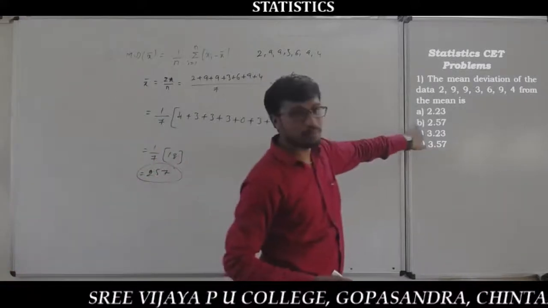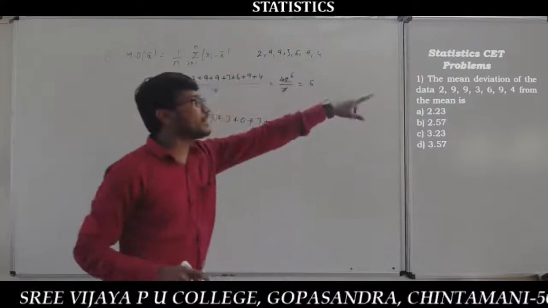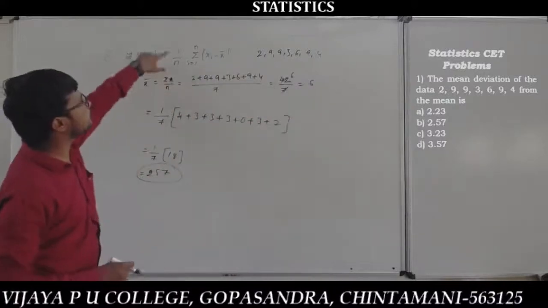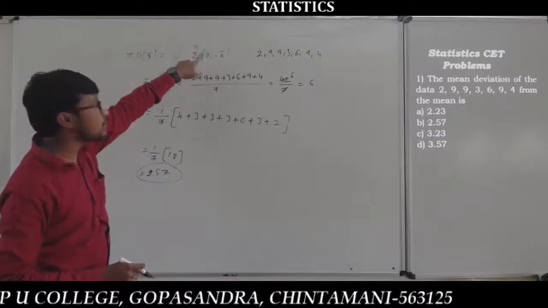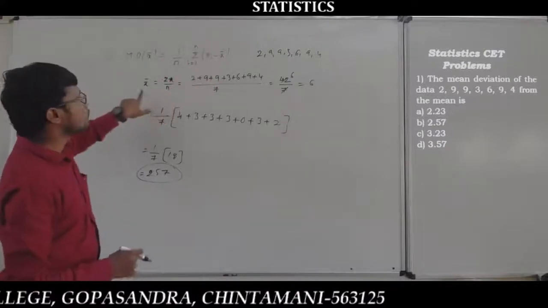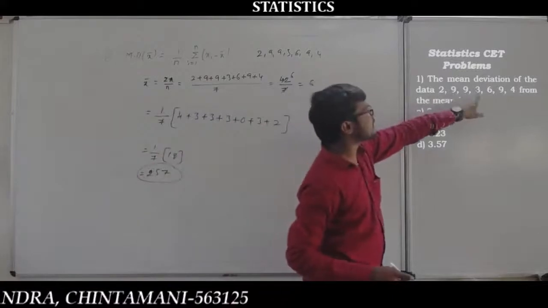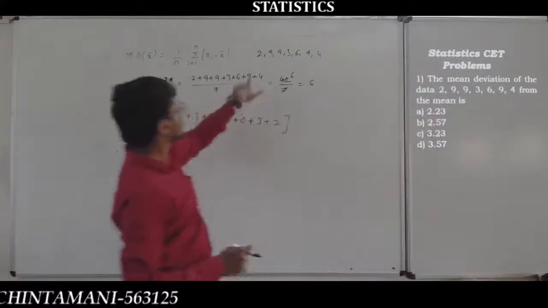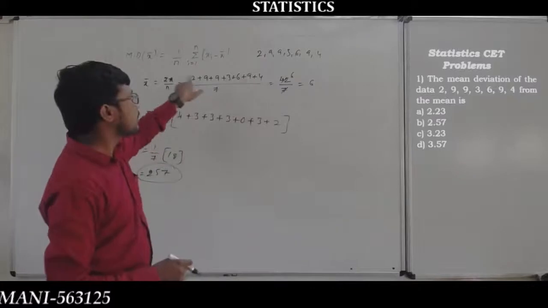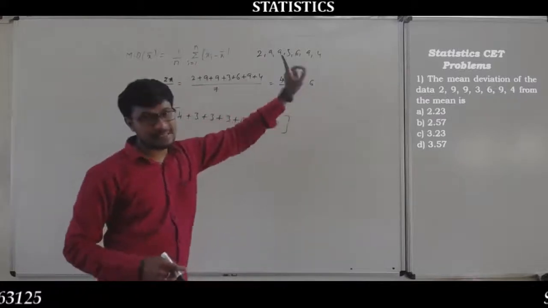So option B. Okay. So first, the mean deviation about the mean, right? The formula is 1 by n summation of i equals 1 to n modulus of x minus x bar. To find the mean, add all the observations: 2 plus 9 plus 9 plus 3 plus 6 plus 9 plus 4, divided by the number of observations, 7. Adding all these gives 42 by 7, 7 sixes are 42.